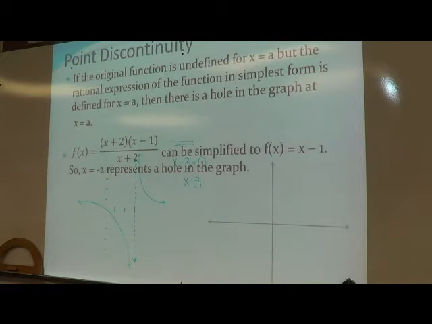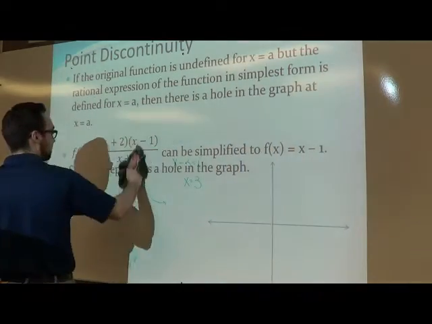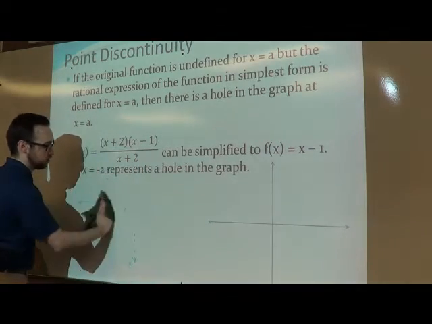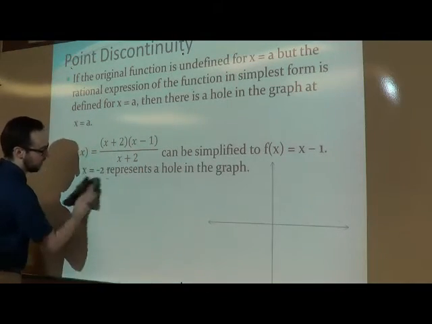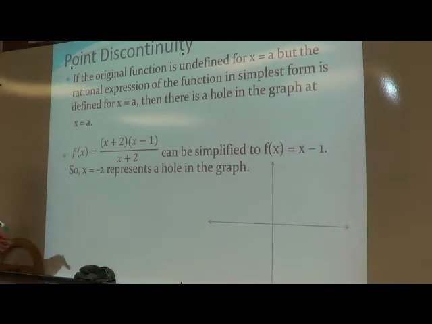Point discontinuity. This one's a little different. If the original function is undefined, so if there's something in the denominator that is going to make it equal 0, then we look for that, and that's discontinuity. However, if we can factor it out of the numerator and cross it out, then it's only a point discontinuity.